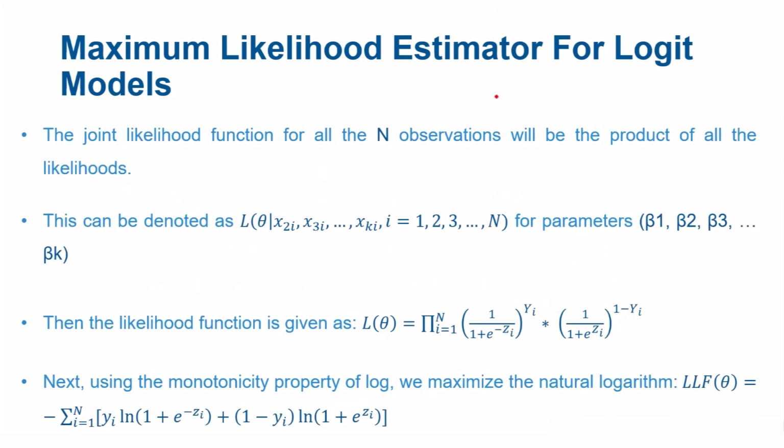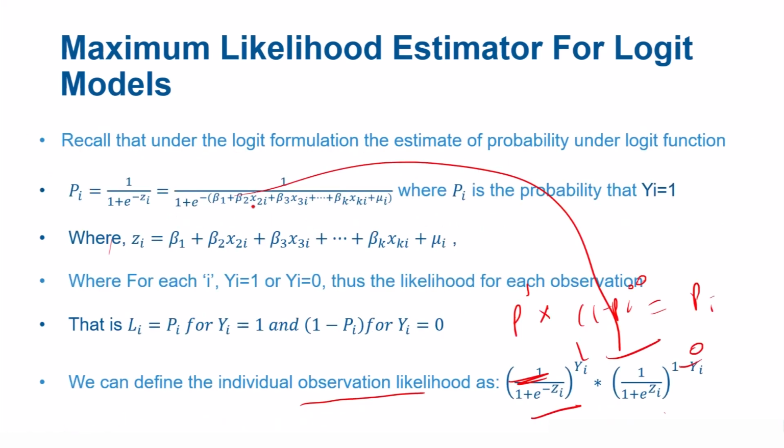So let's further look at this joint likelihood function. Now, because there are n observations for i equal to 1, 2, and so on, you'll have a typical likelihood function L theta for variables x2i, x3i, and so on up to xki. What are these x2, x3, and so on? These are the values under the z function.